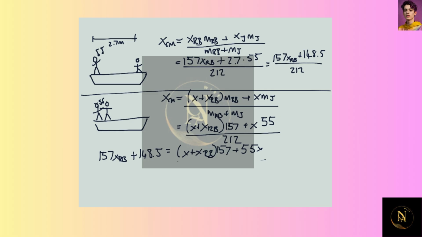Now we need to expand our parentheses over here by factoring. So we end up with 157X plus 157XRB plus 55X is equal to 157XRB plus 148.5. Now both sides contain a 157XRB, so that can also go away.